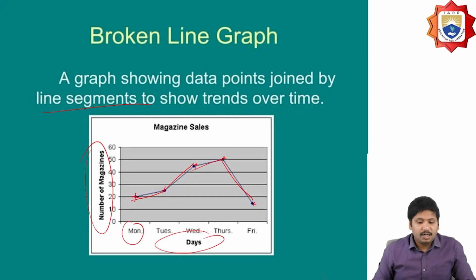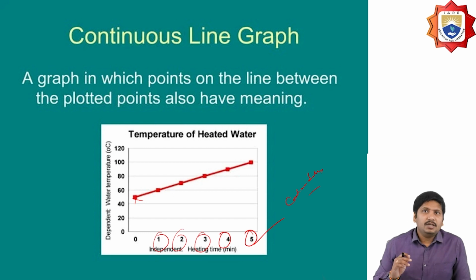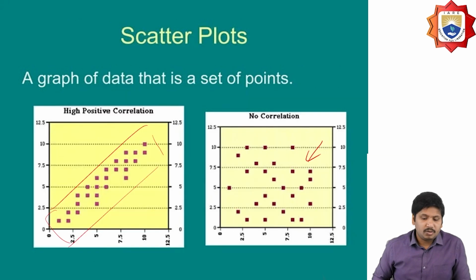A broken line graph is one form of line graph, and a continuous line graph is where the data changes with respect to time. A scatter plot is a graph of a set of points. If all those points lie linearly, then we have a positive correlation. If the points are scattered in different places, there is no correlation between the items.